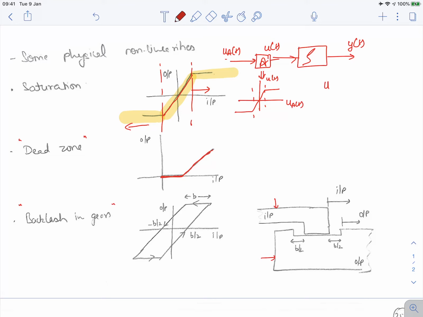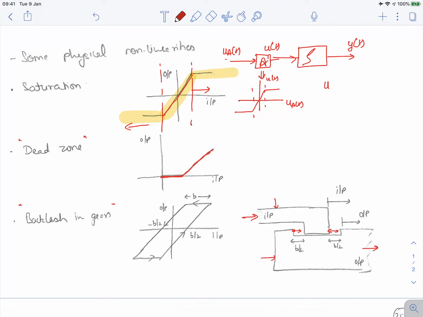Now if there is no gap between these two things, then they are tightly coupled. So whatever input you give, there would be an output, depending on in which direction you are giving the input.